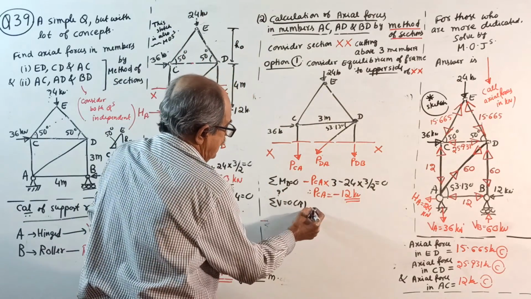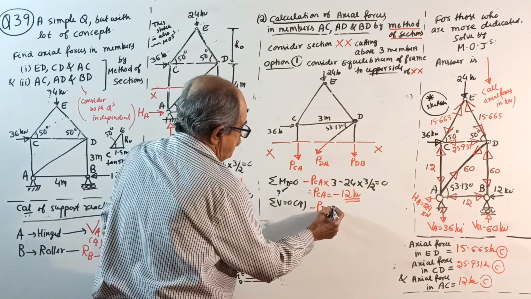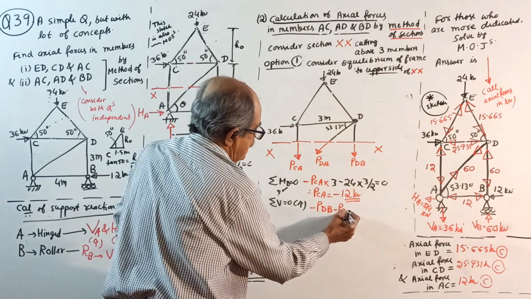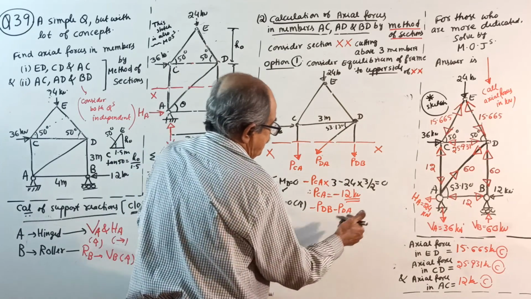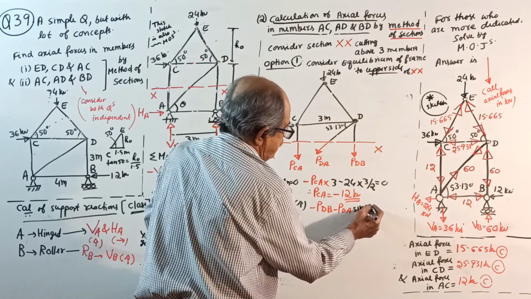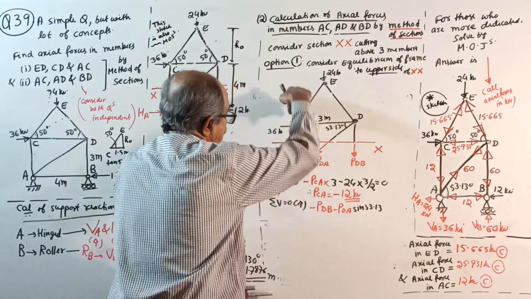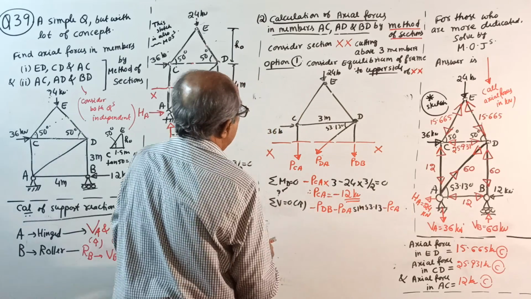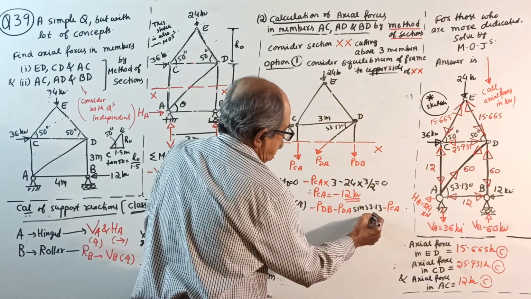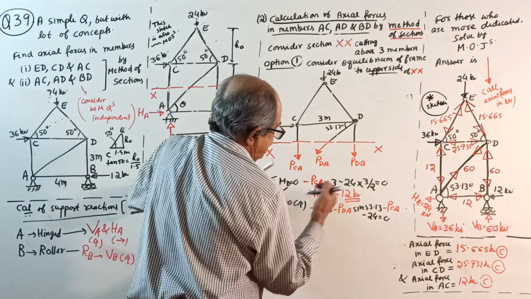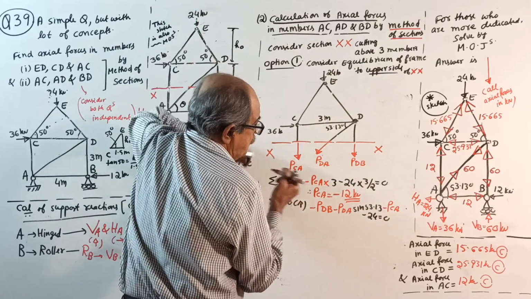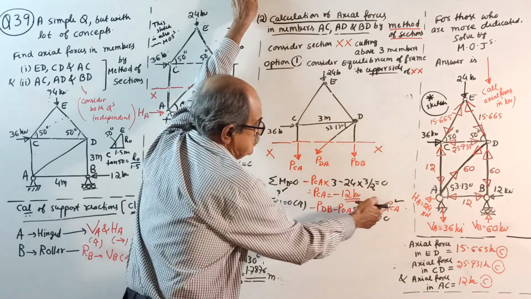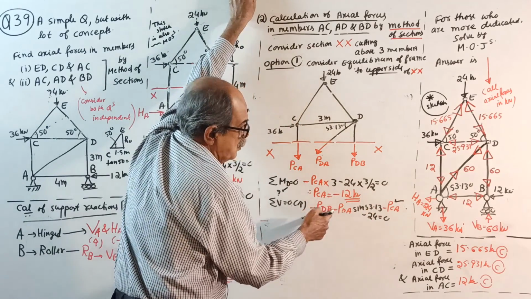Minus PDB minus PDA sin 53.13 minus PCA minus 24 equal to 0. Here PCA is known. Substitute minus 12, but still two unknowns are there.